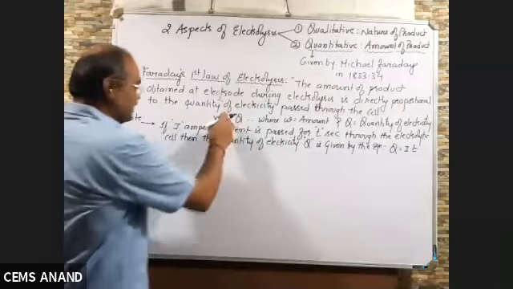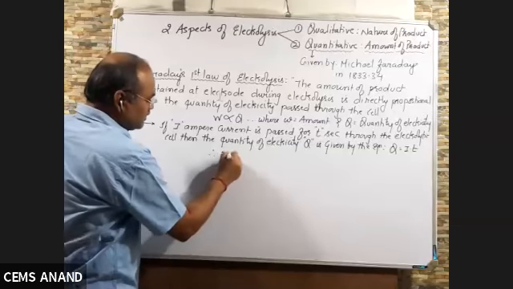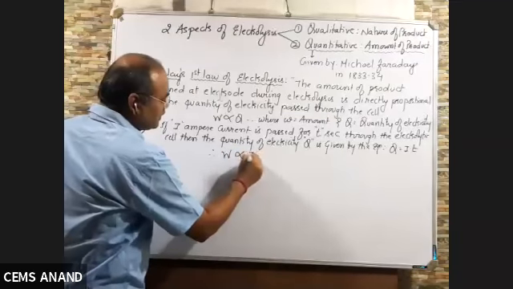So can I write like this? Therefore, W is directly proportional to I into T.